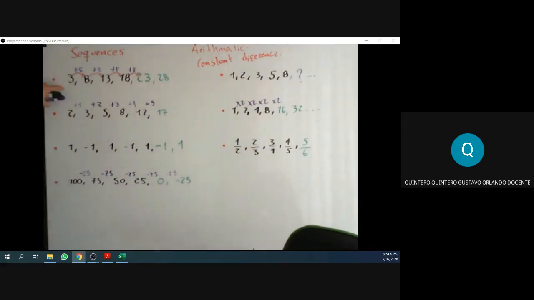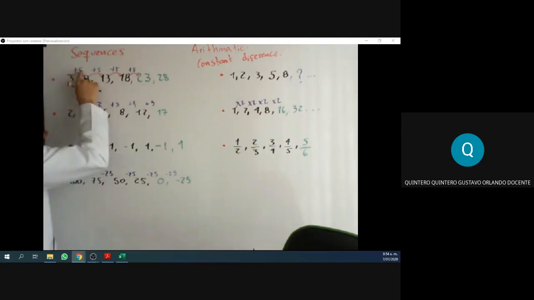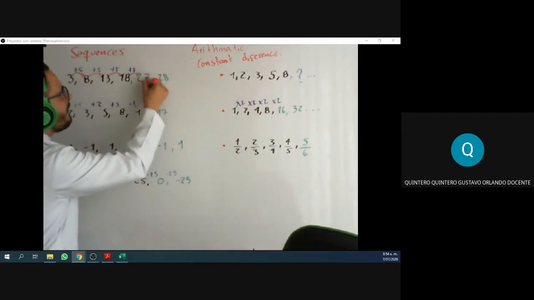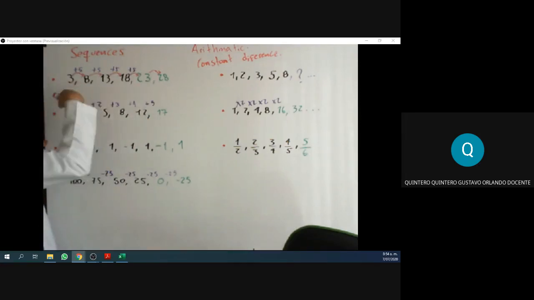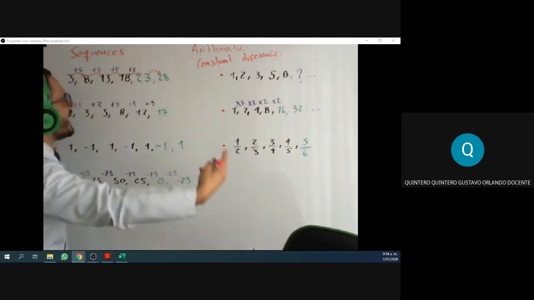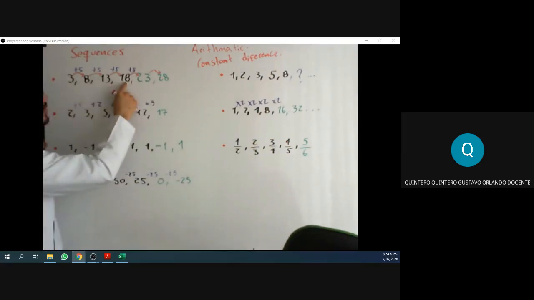In here, the first one is an arithmetic sequence. Because from 3 to 8, all I have to do is add a 5. From 8 to 13, all I have to do is add a 5. Look, the difference between 3 and 8 is constant between every single number. From 3 to 8 is the same difference as from 8 to 13, which is the same difference as from 13 to 18.